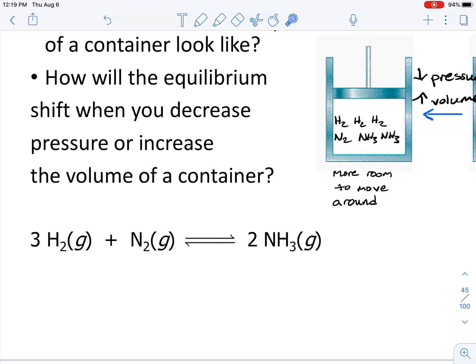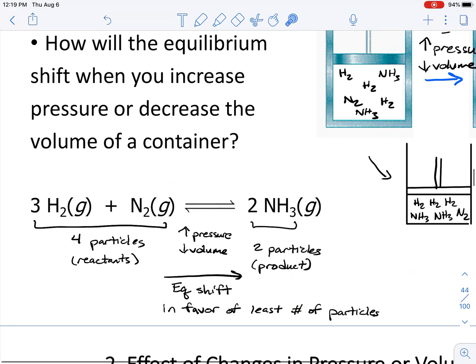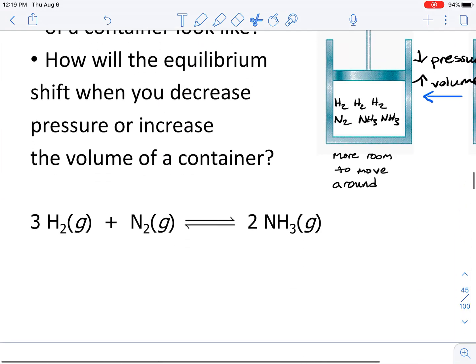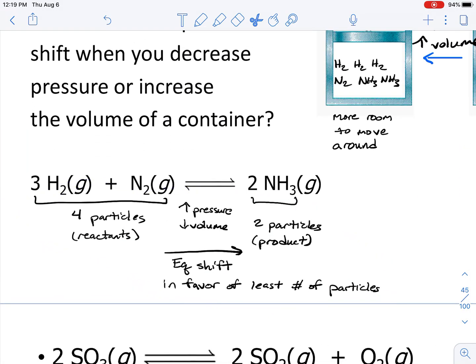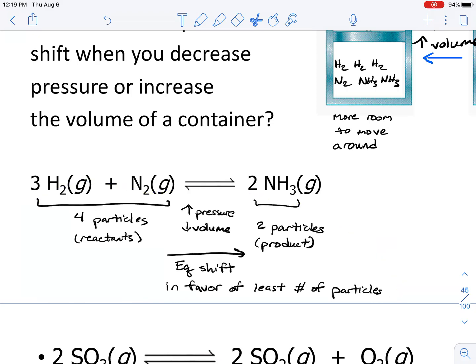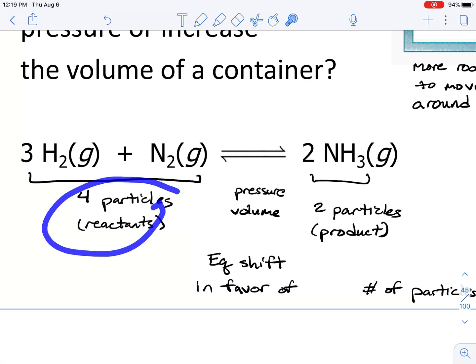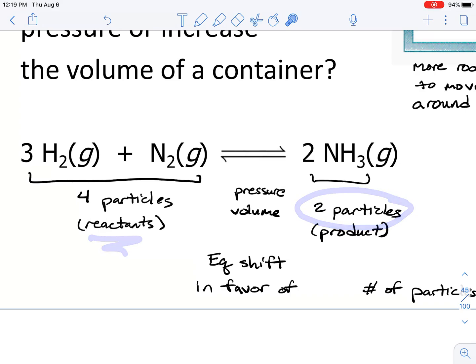And so if we're looking at this same, actually let me just copy this so I don't have to rewrite it. Okay. And so let me erase this. So if we're looking at this equilibrium, notice how there's more particles here on the left-hand side, the reactant side, and there's less particles here on the product side.